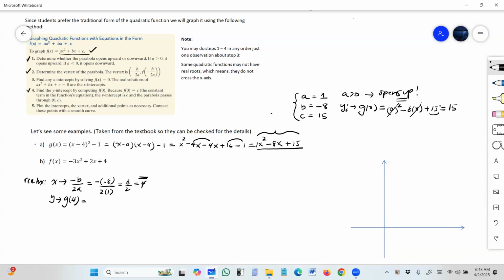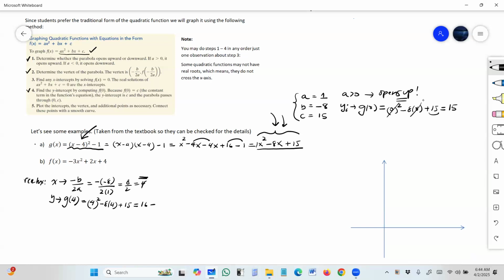Okay, so again, I'm going to use this, but you could use this as well if you want. It's the same thing. So I'm going to do 4 squared. Keep in mind that sometimes this form is easier. From this form, you can immediately see that the answer is going to be -1. But that's okay. If you prefer this form, you can use it. Minus 8 times 4 plus 15.